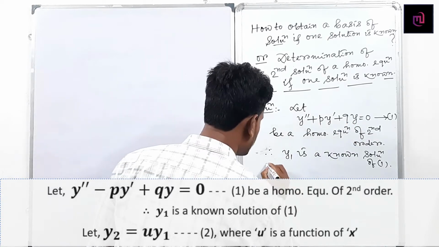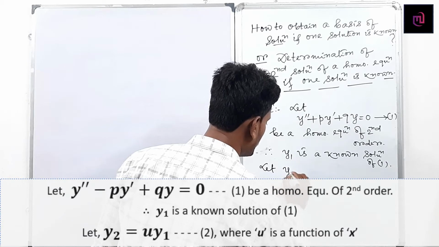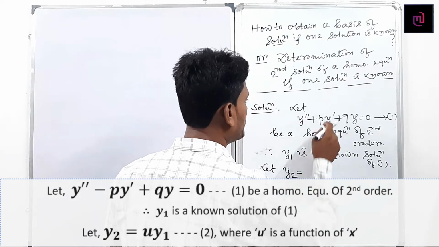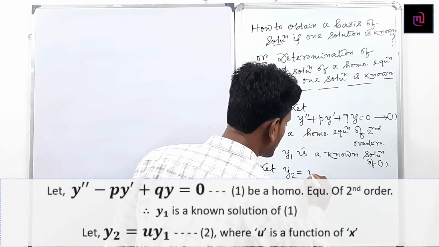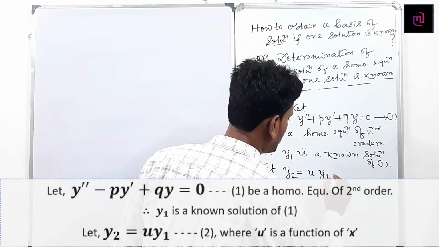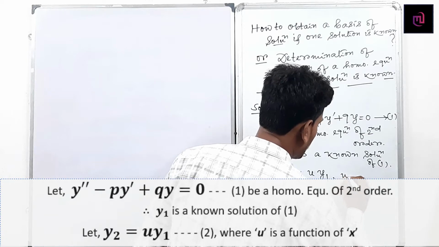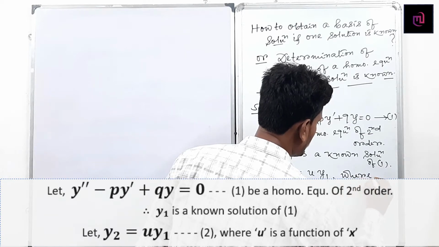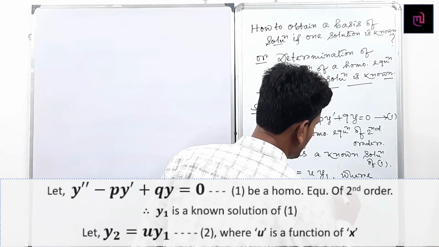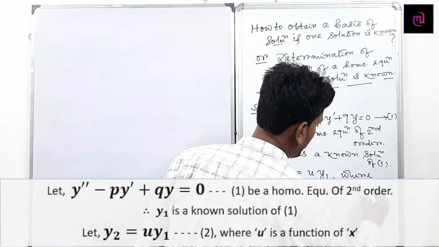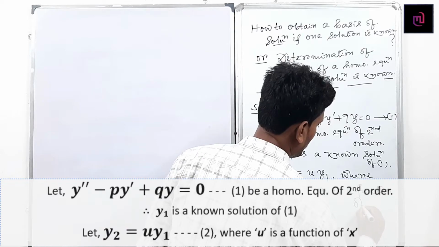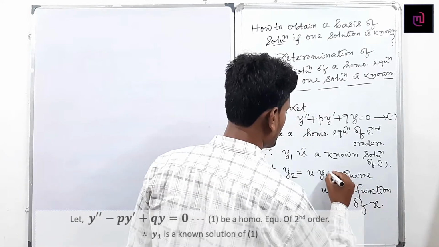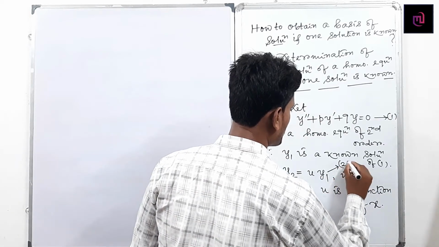Let y2 be another solution of this given equation. We have to assume this solution: y2 equals u into y1, where u is a function of x. Number it 2.